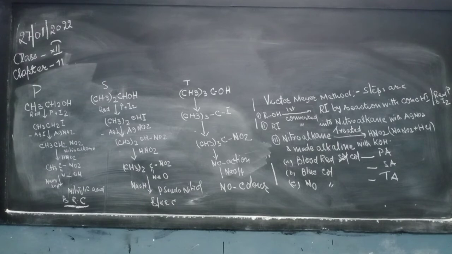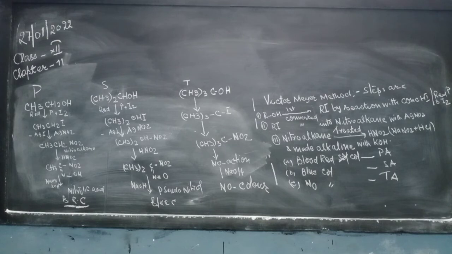I am repeating the Victor Meyer method for the last time. The different steps are: first, alcohol is converted into alkyl iodide with the help of red phosphorus and iodine. Alkyl iodide is converted into nitroalkane with silver nitrite. In the third step, nitroalkane is treated with nitrous acid and made alkaline with potassium hydroxide or sodium hydroxide.